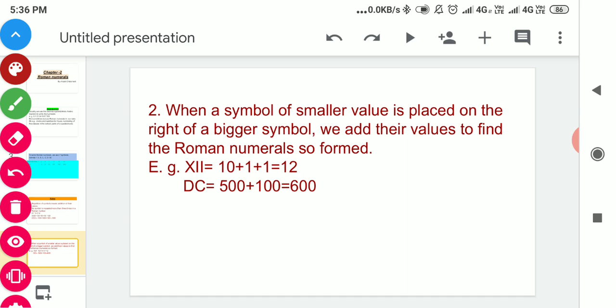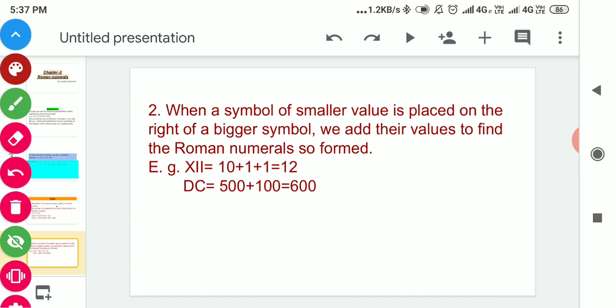Rule number 2. When a symbol of smaller value is placed on the right of a bigger symbol, we add their values to find the Roman numeral so formed. Means when the numbers are given in decreasing order, then we will do addition there. Example, XII.